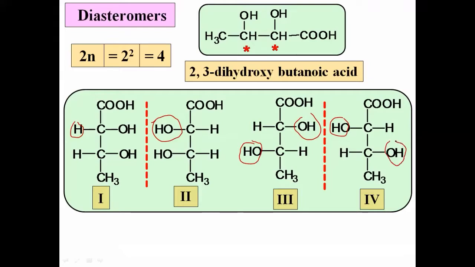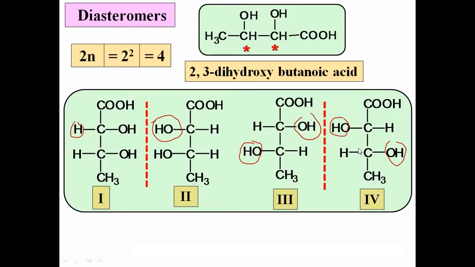Means that the two are mirror images of each other. Suppose we pick up one image and try to match it on the other. They do not match with each other. Means the two are non-superimposable mirror images. Third and fourth are also non-superimposable mirror images of each other.